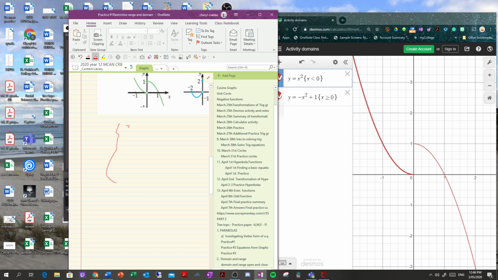So the first function is y is equal to x squared, and then they put the rule, which is x is less than 0. And then they go with the other function, which is negative x squared plus 1, and they give the rule, which is x is greater than or equal to 0. So they give the function, give the rule, give the function, give the rule, and that's how they write it.